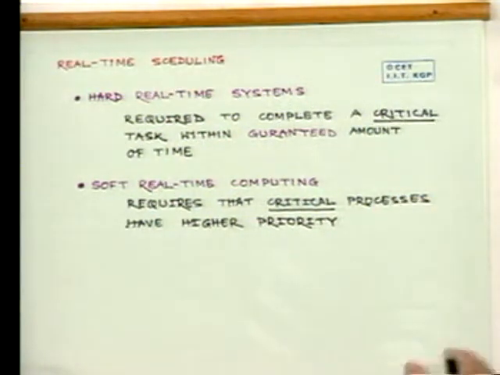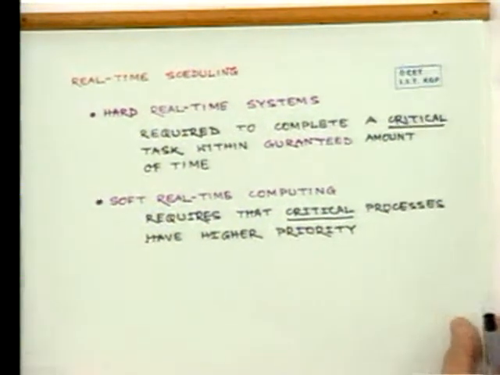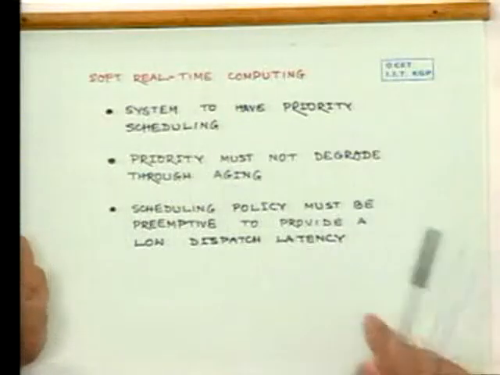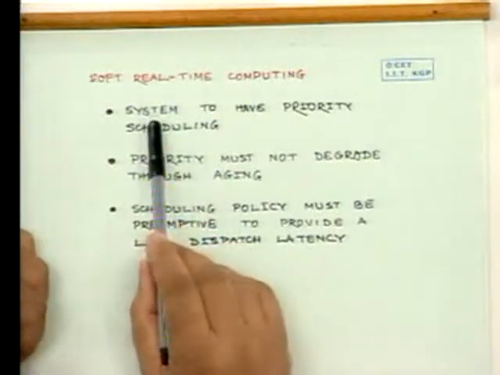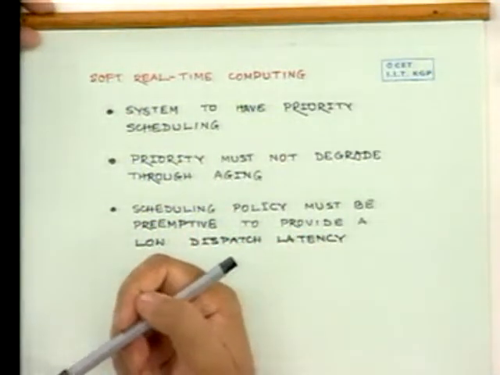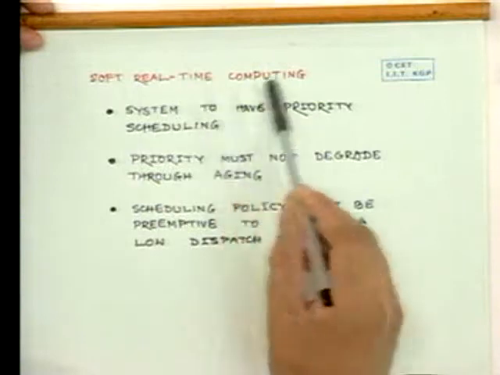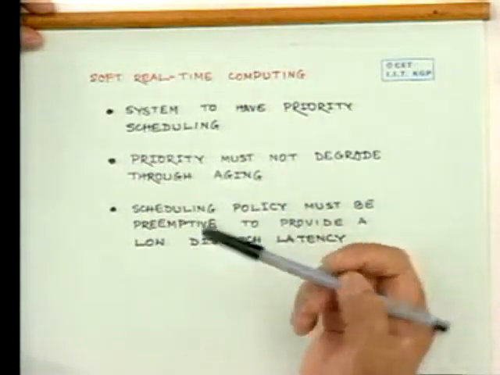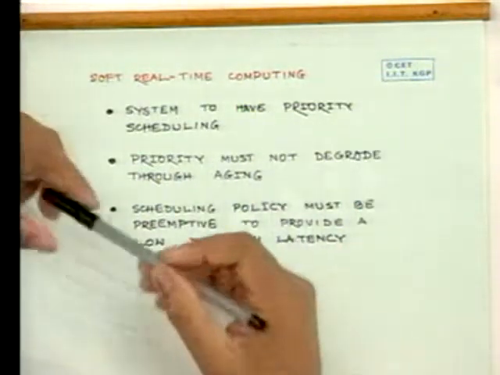Now let us see, in the case of soft real-time computing, what should be the criterion? The criterion is that the system should have priority scheduling. Naturally, the real-time process should have higher priority. The priority must not degrade due to aging.